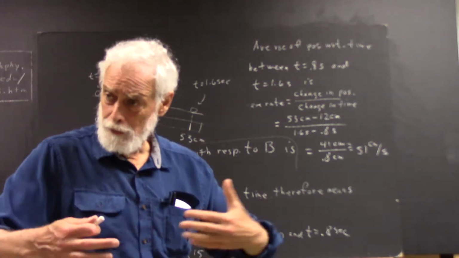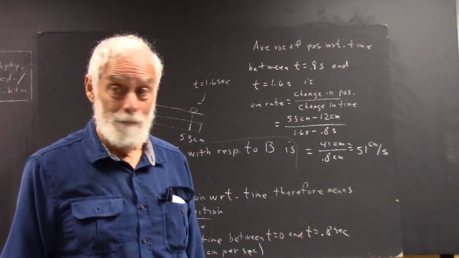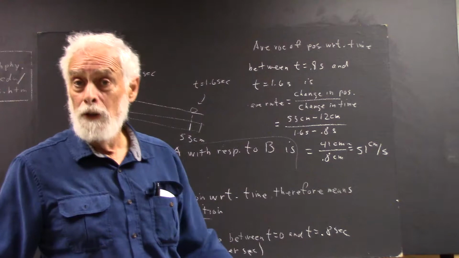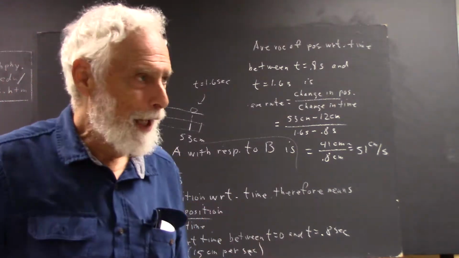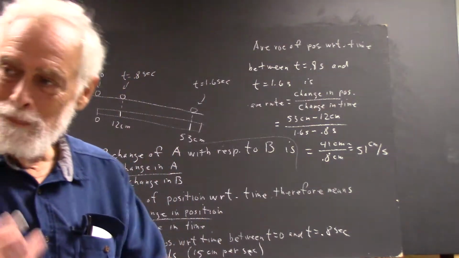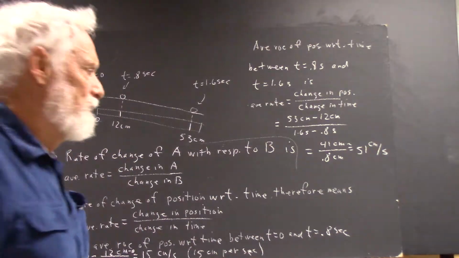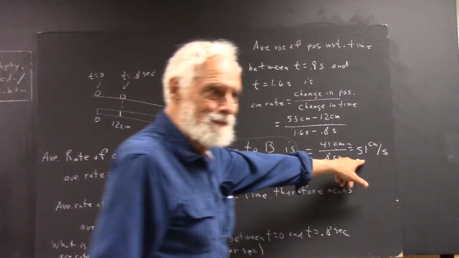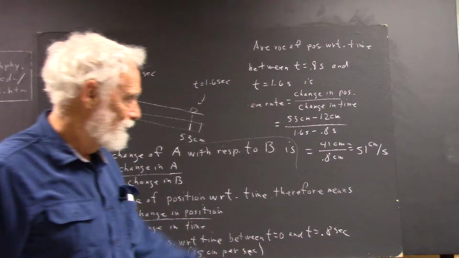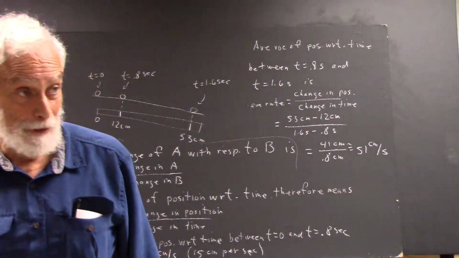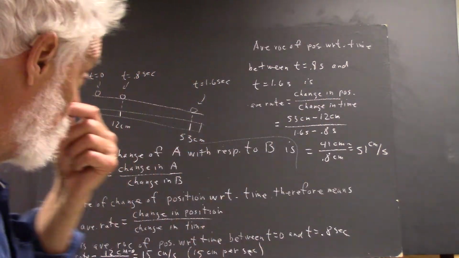There's too much uncertainty in your measurements, right? Even though you did really good measurements with the instruments that you had and the methodology, you couldn't conclude anything much more than saying it's about 50 centimeters per second.